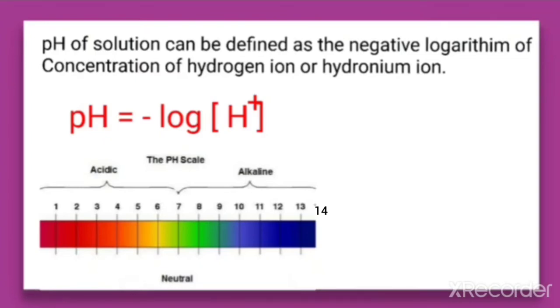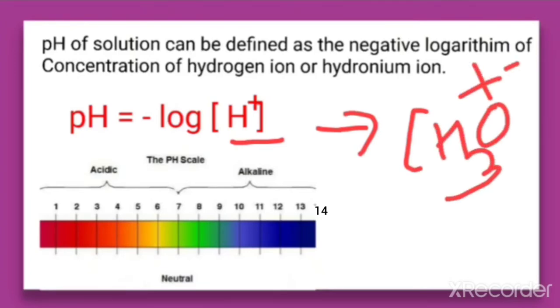Instead of H plus we can also take the concentration of H3O plus, that is hydronium ion. So this formula can also be written as pH is equal to minus log of concentration of H3O plus.